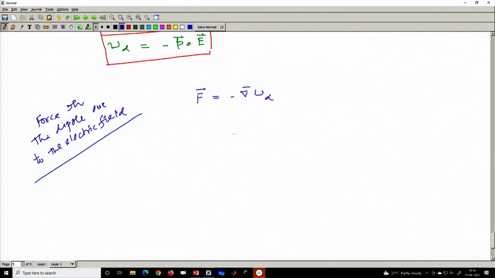I already figured out this expression, so it is minus the gradient of minus p dot E, and I can absorb the minus. So F simply becomes the gradient of the scalar quantity p dot E.